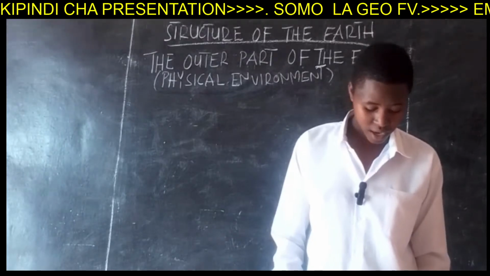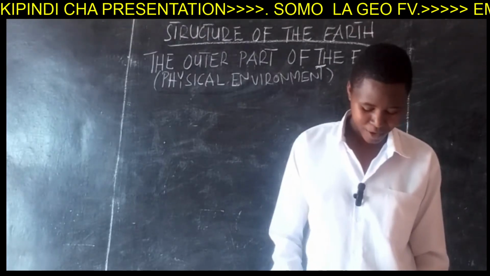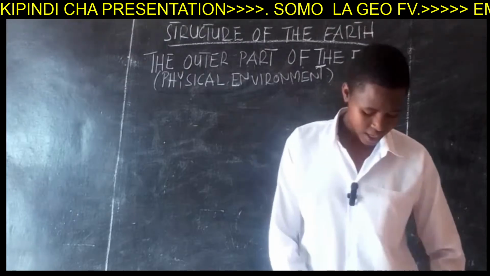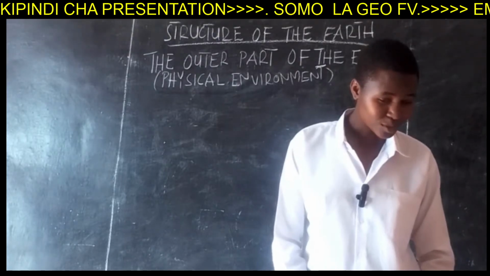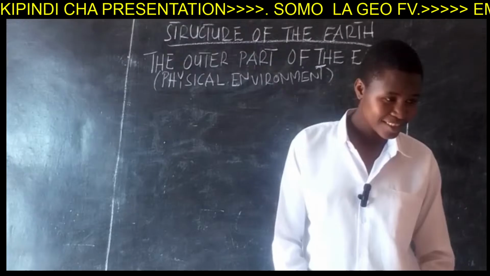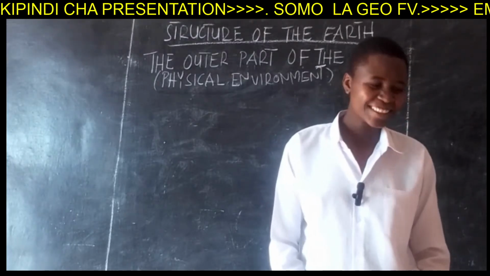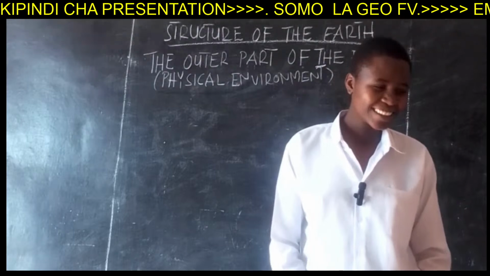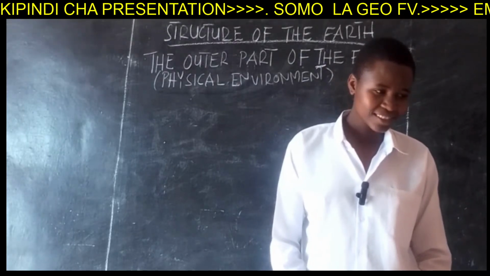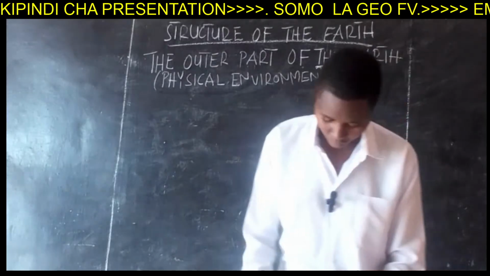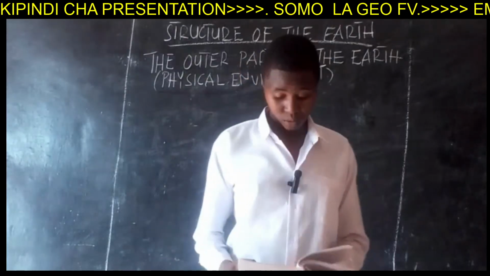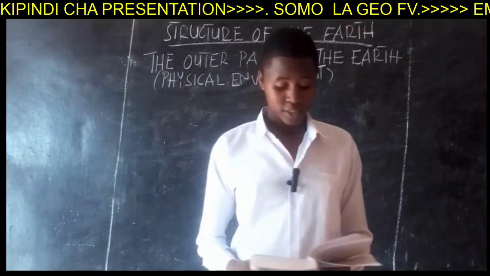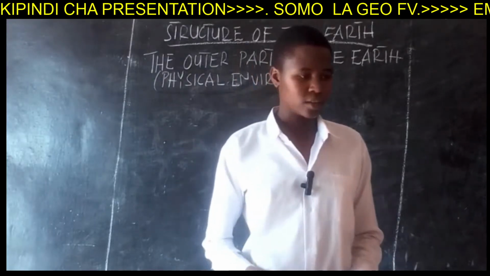It includes the lower level of the atmosphere and the upper level of the lithosphere. There are two major zones of the atmosphere, which are the homosphere and the heterosphere.